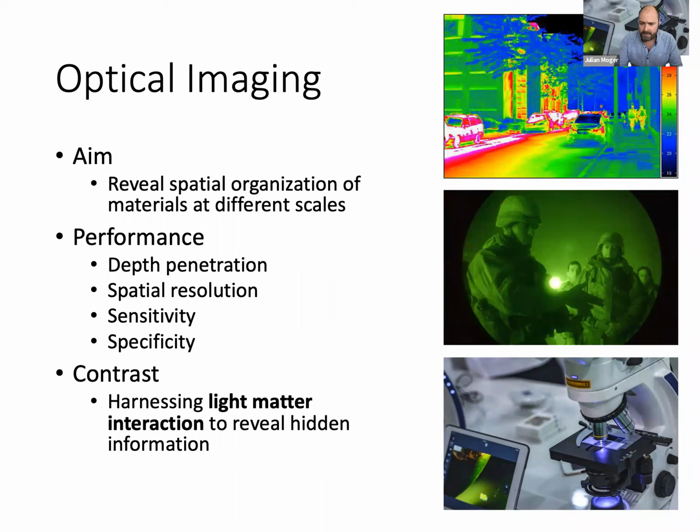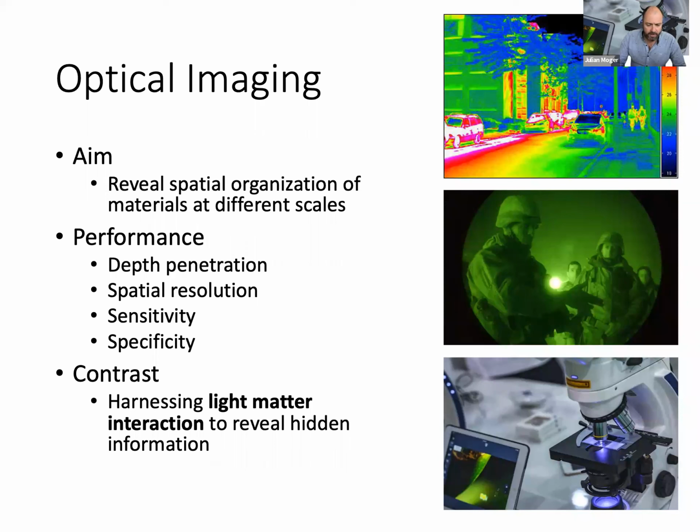For example, we can see the heat map from this city. We can use image intensifiers to image infrared light emitted so we can see in the dark. And then in the bottom picture behind me, we can use microscopes, and we can choose very different wavelengths of light. We can pick UV excitation, so we can see different electronic transitions in materials to understand the chemical composition.